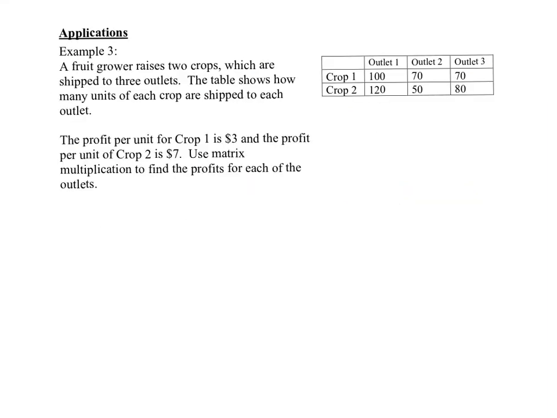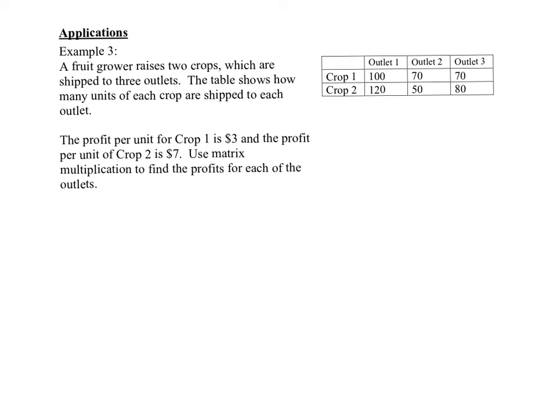Okay, the last example is an application. I'm going to use matrix multiplication for this application. The multiplication part is very easy, but getting the units to line up properly takes some thought sometimes. Okay, so it says a fruit grower raises 2 crops, which are shipped to 3 outlets. The table shows how many units of each crop are shipped to each outlet.